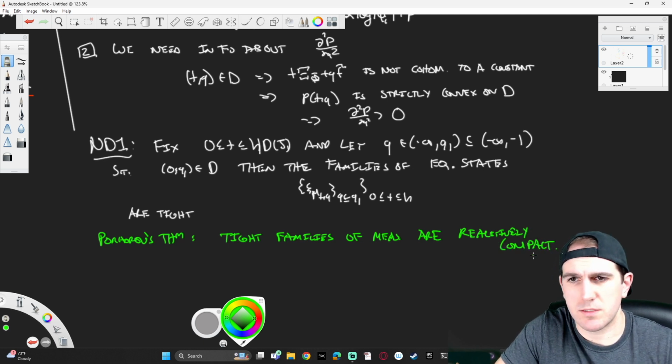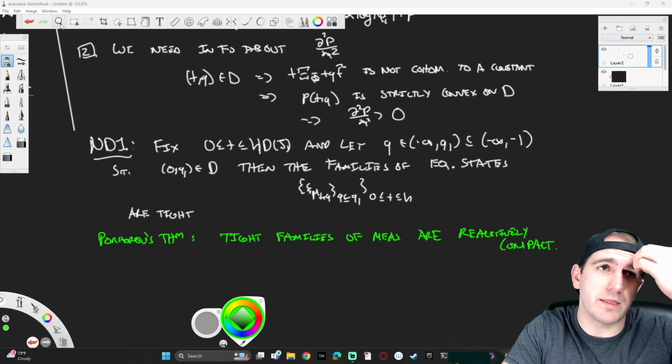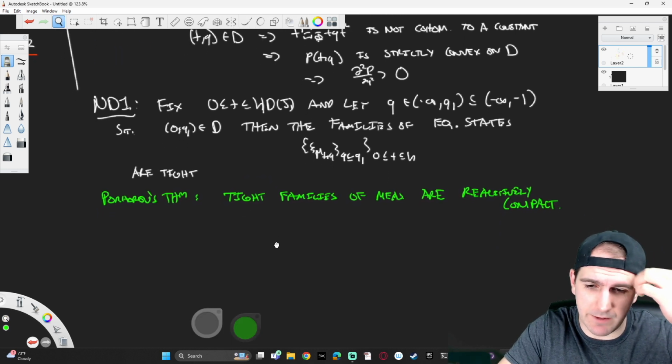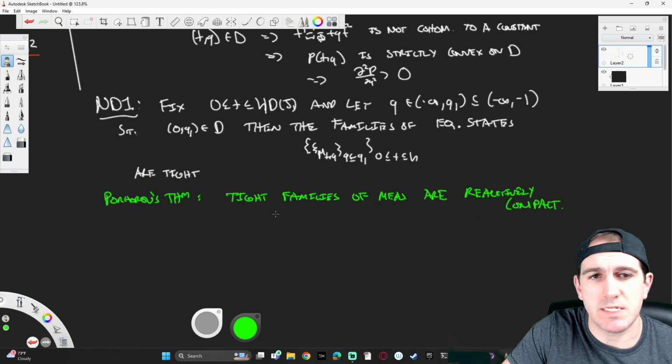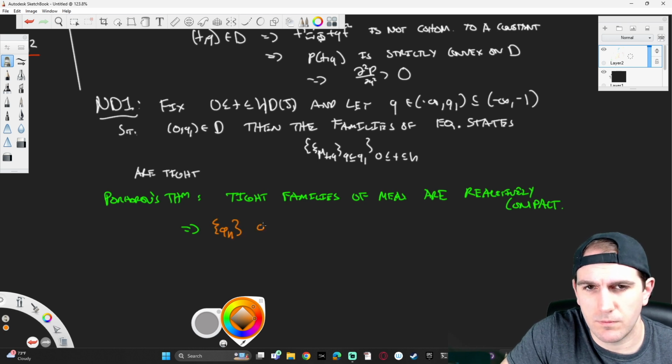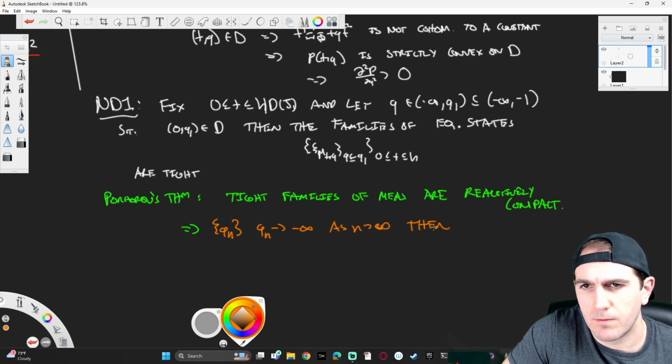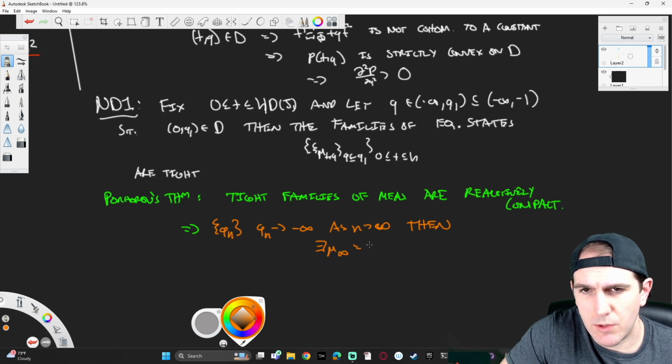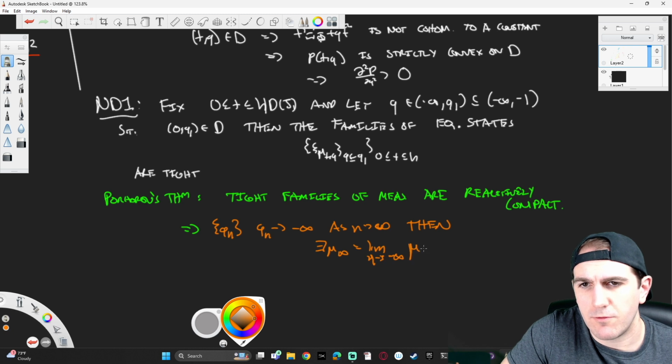And that's important because that gives us that whenever you have a decreasing sequence, then there exists mu infinity equal to the limit as q goes to minus infinity of mu_{t_q}.